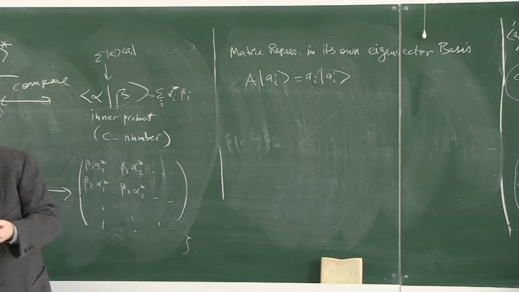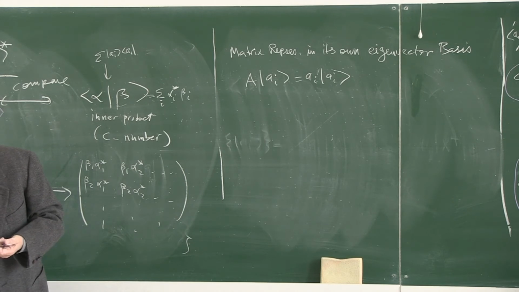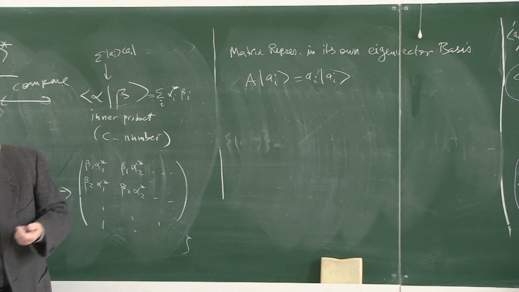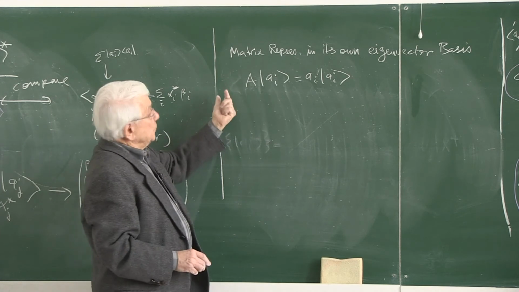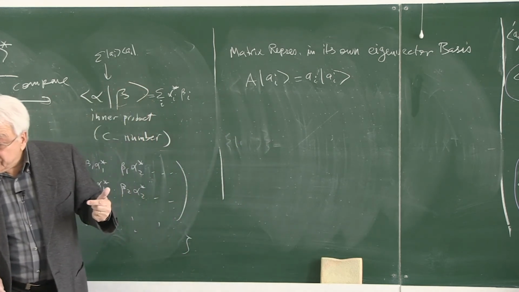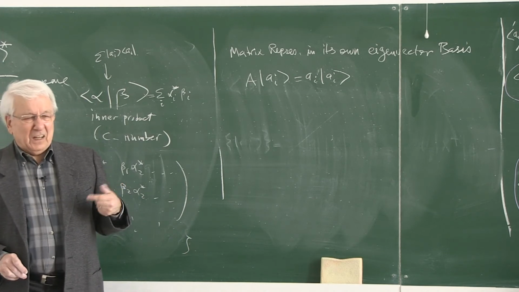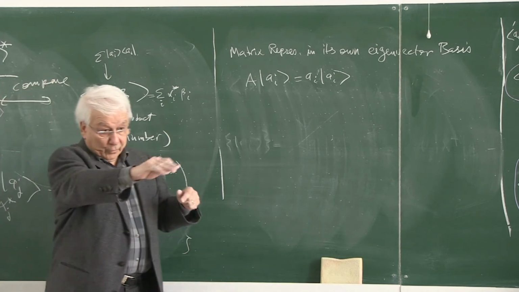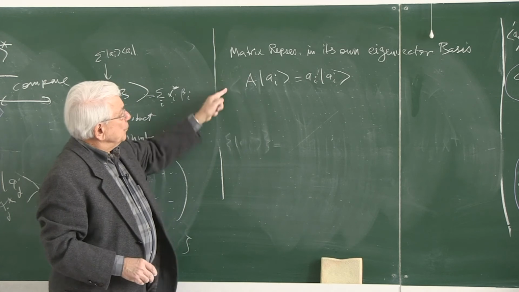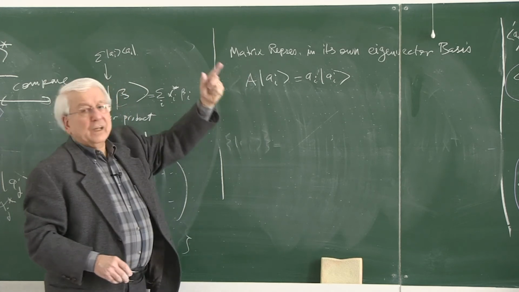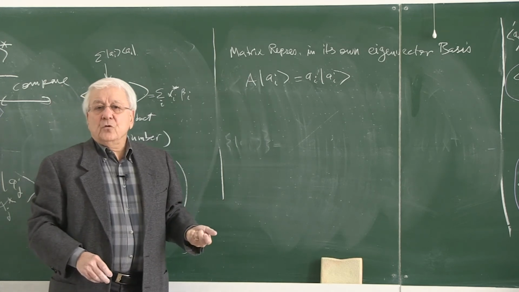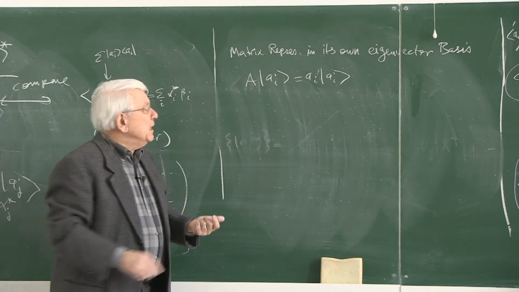Well, there are several ways that I can proceed. One is just to go to A_J, or I will do something slightly different. Do it on your own. Just project this on A_J, and you'll get the matrix representation. It's going to be diagonal. Let me do it.